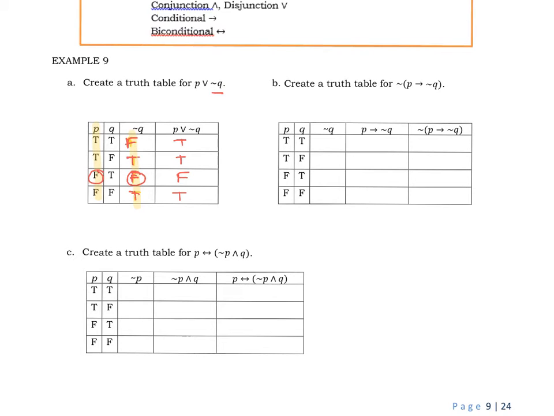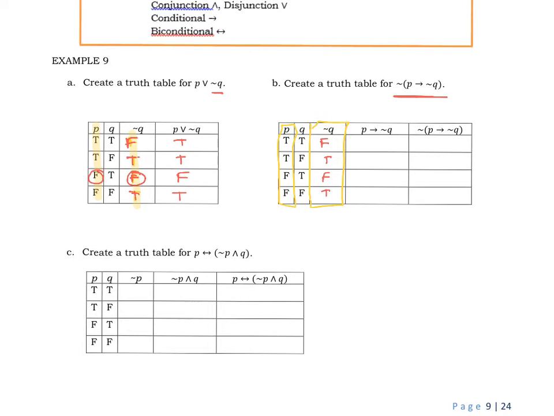All right. So on B, we're looking for the truth table for this particular compound statement. So we've got a grouping symbol, and within that grouping symbol, we need to do the not Q first. So that's going to be the opposite of our Q truth values. So false, true, true. Okay? All right, so then next we have to do the if P, then not Q. So we are going to be looking at this column and this column, okay?